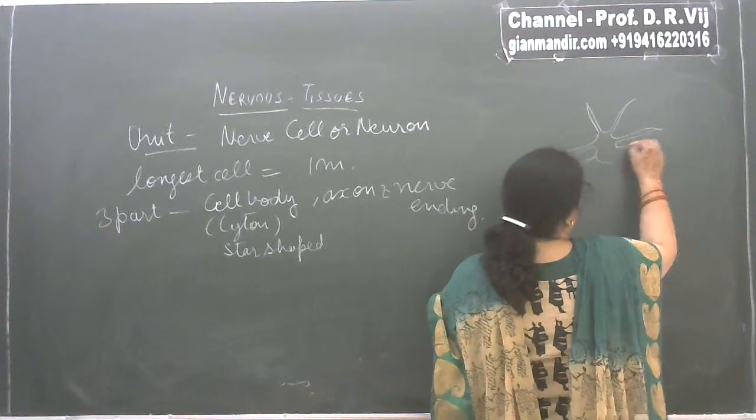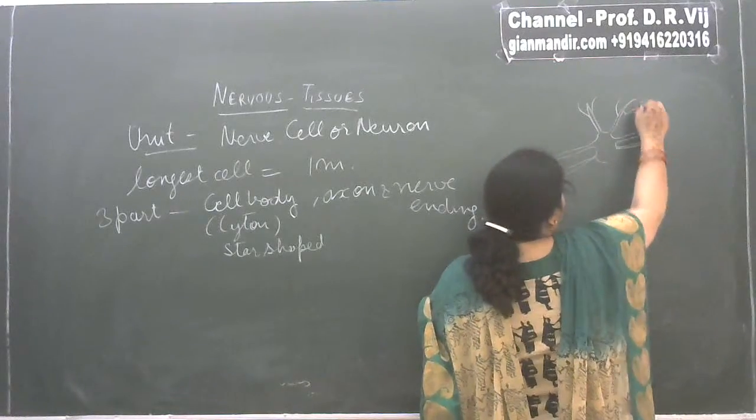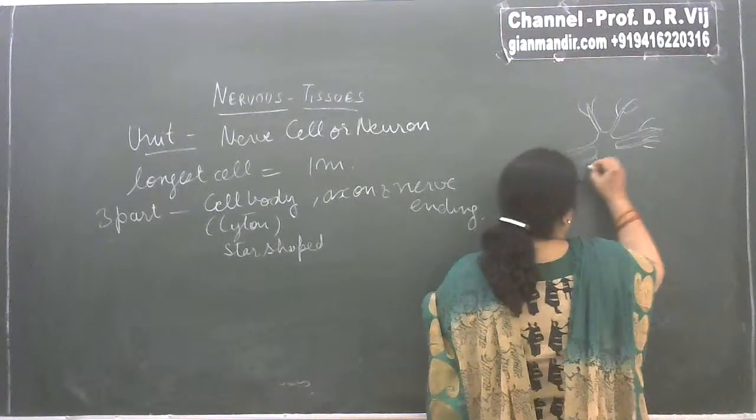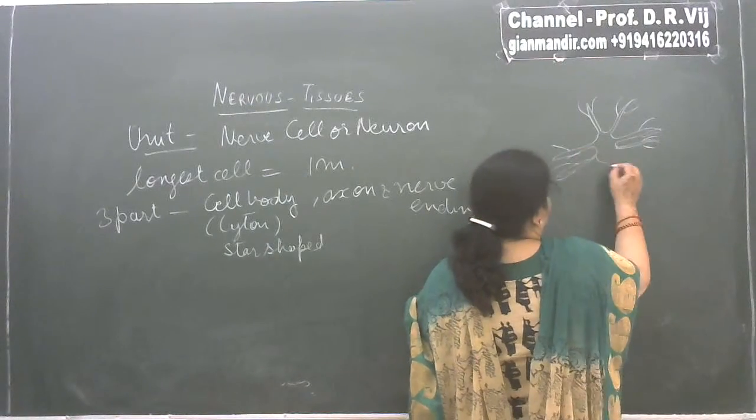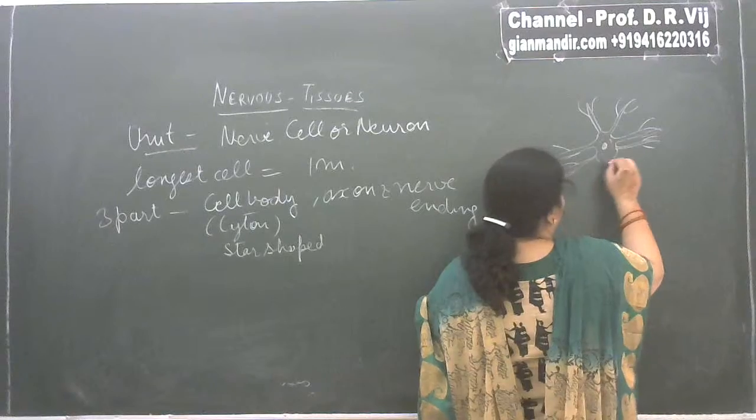Somewhat like this it looks, and here there are also further branchings, and at the center there is the nucleus and cytoplasm.